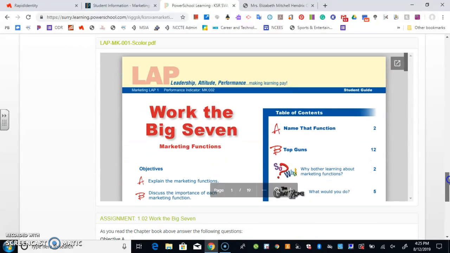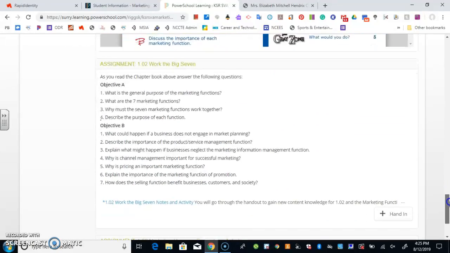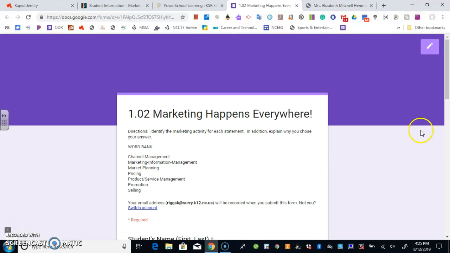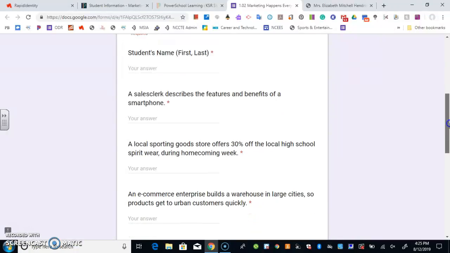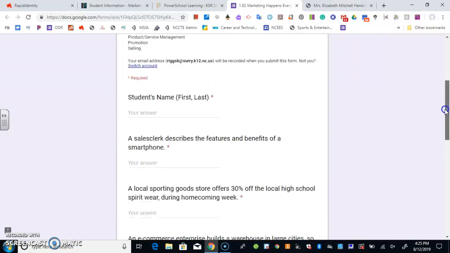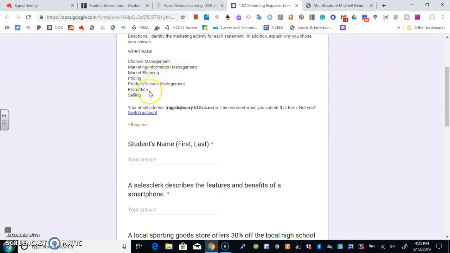You have your chapter book and the questions that you turn in, and then you will complete this form by clicking on it. It'll take you to this document, and you complete it by using what you've learned and those 7 functions. I've given you a word bank, making sure you get them in the right order, and that's a grade.